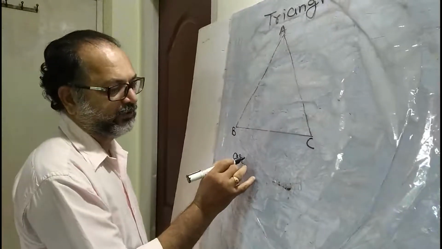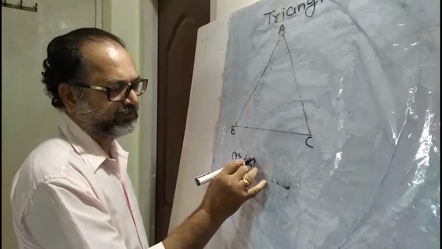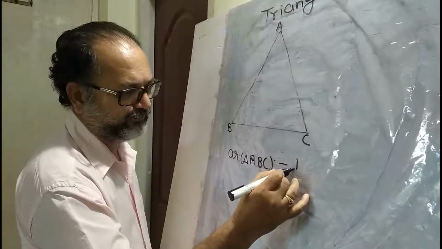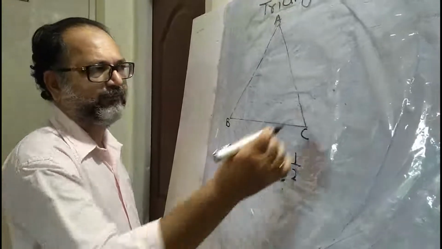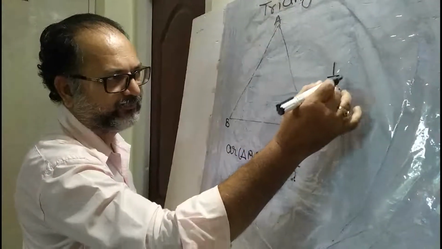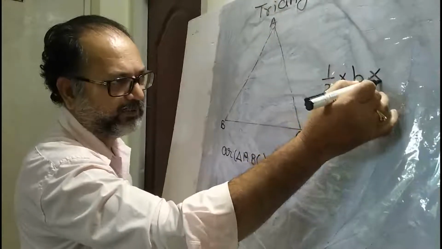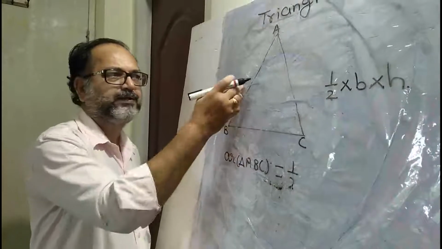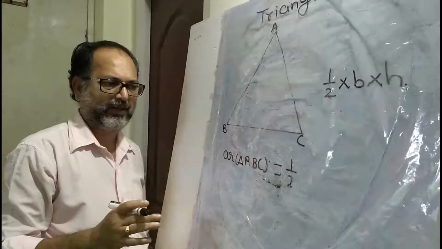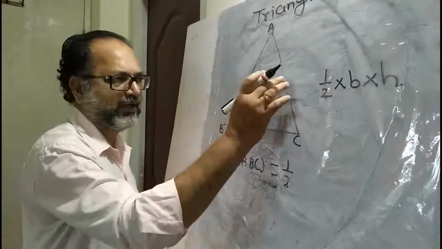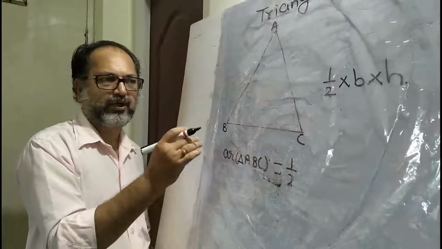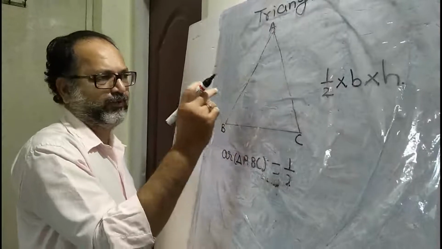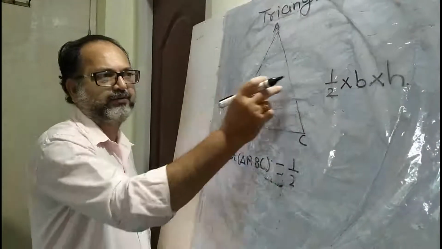Area of this triangle we will write as half base multiplied by height. Now for this triangle, any side can be the base. But once you take a side as the base, then the height is always the perpendicular distance from the opposite vertex to that base.